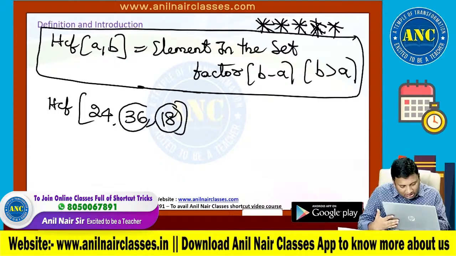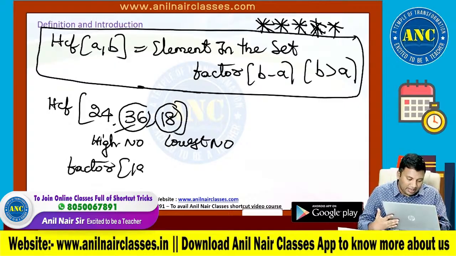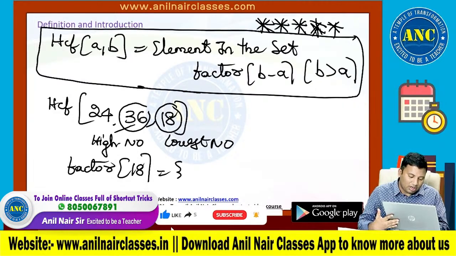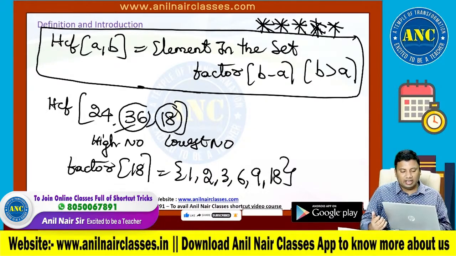What is the highest number? 36. Take their difference. 36 minus 18 is 18. What are the factors of 18? 1, 2, 3, 6, 9, 18.